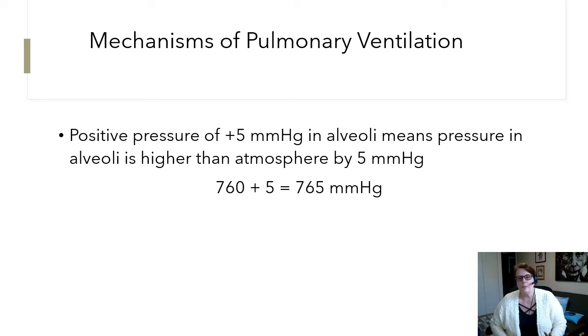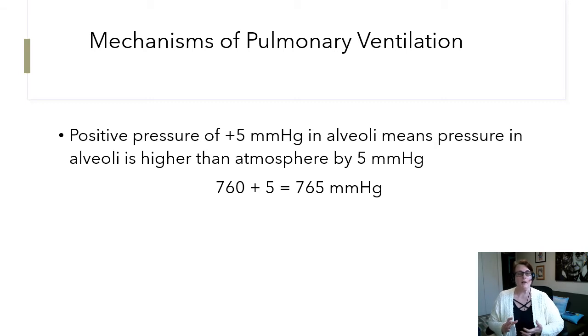So here's the opposite situation from what we had last time. We now have a positive pressure of 5 in the alveoli. And what does that really mean? Well, it means, one, if there's a positive pressure in the alveoli, then if we add that positive pressure to atmospheric, I have a total pressure of 765 in the alveoli.